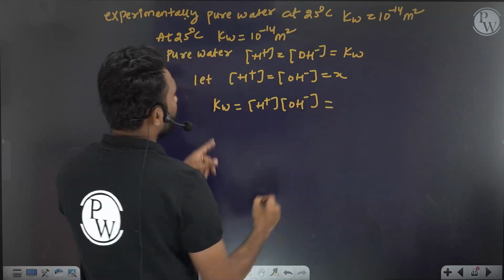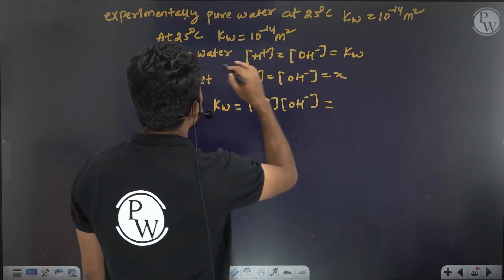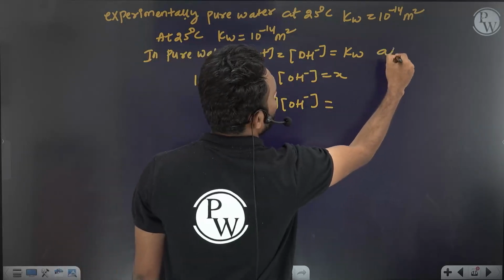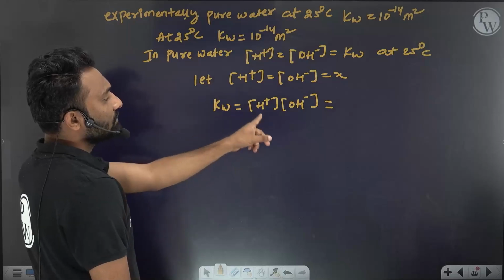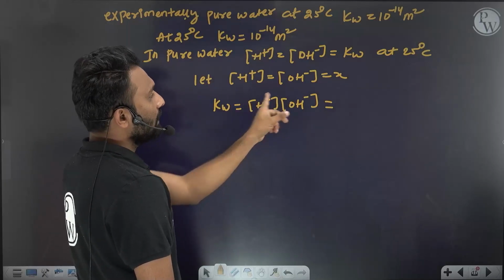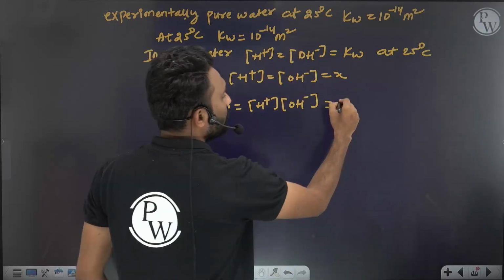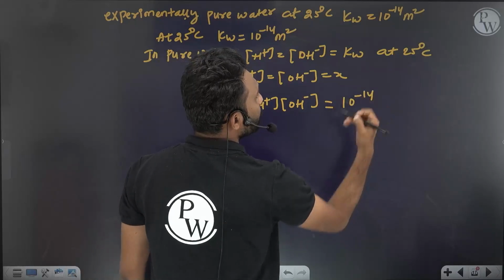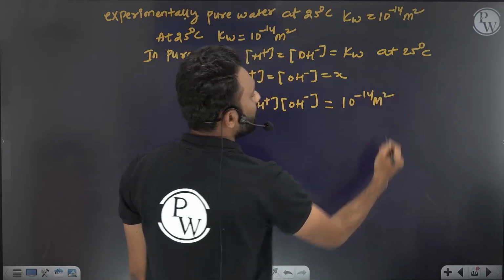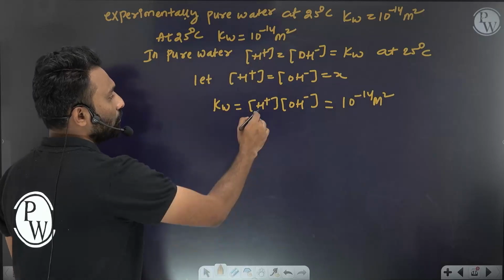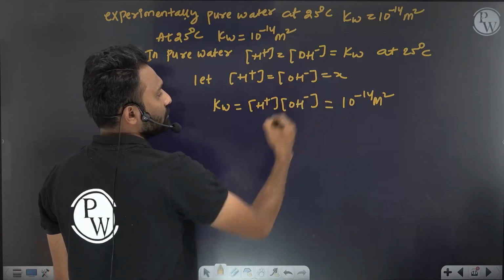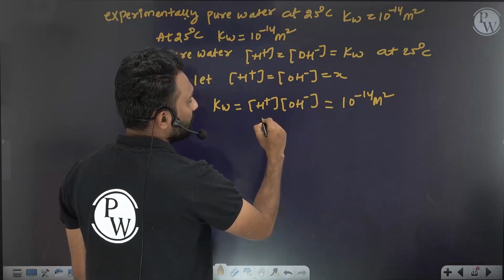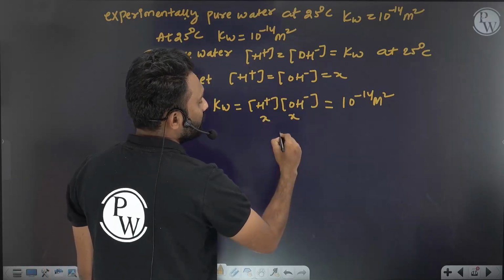Now Kw for pure water at 25 degrees centigrade is 10 to the power minus 14 molar square. Here the concentration of H plus and the concentration of OH minus is X into X. This will be equal to X square.